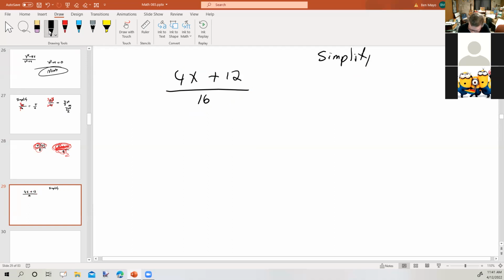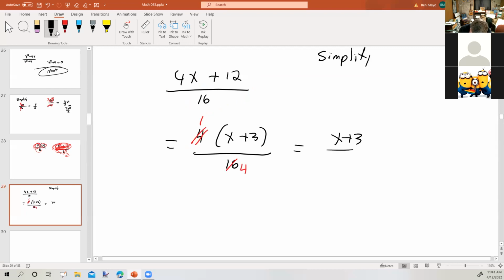However, I could do this. Now, the 4 in the numerator is a factor of the entire numerator because it's 4 times everything up there. So now I can come in and make this into a 1/4 and write my final answer like that.